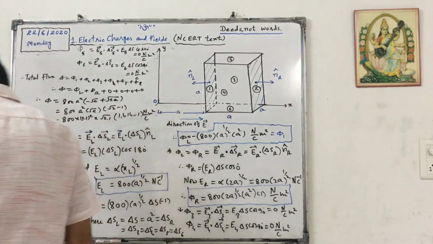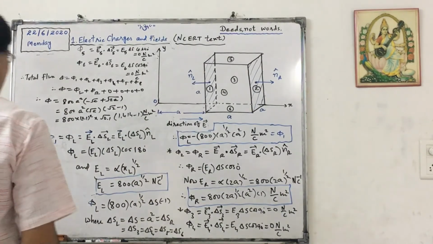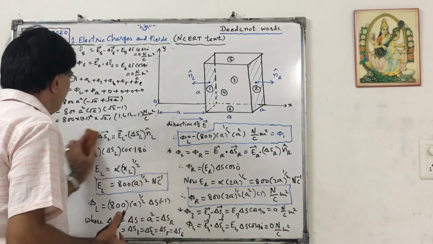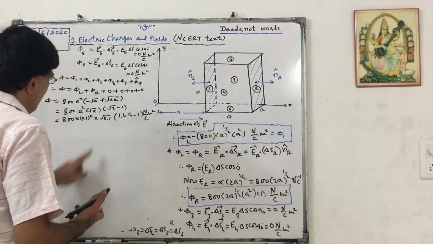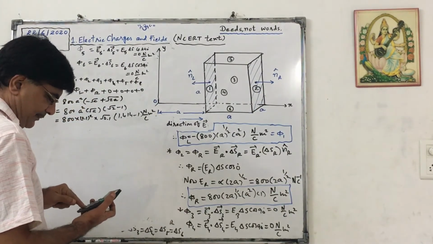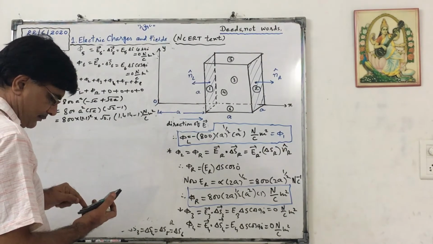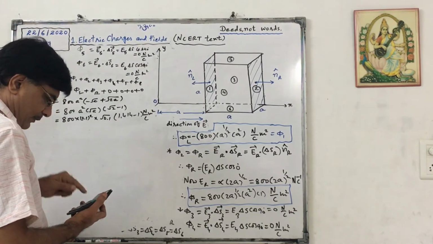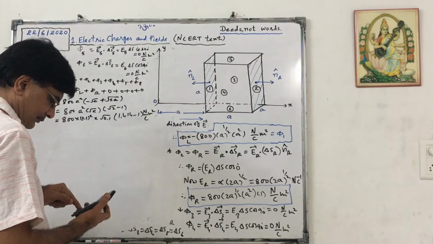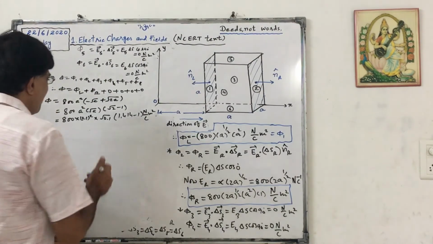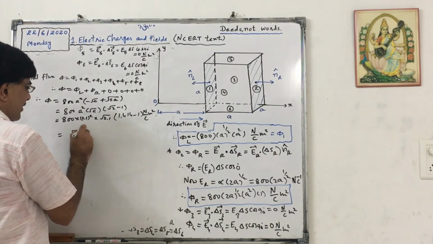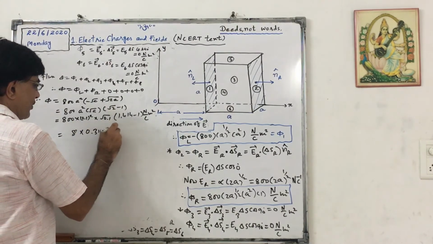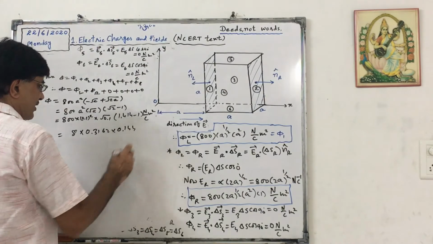Now calculating this, the square root of 0.1 is 0.3162. This is 0.01 into 800, that is 8, into 0.3162, into 0.414.